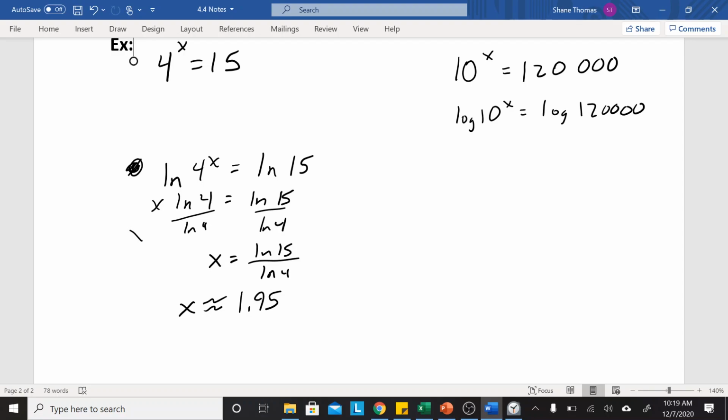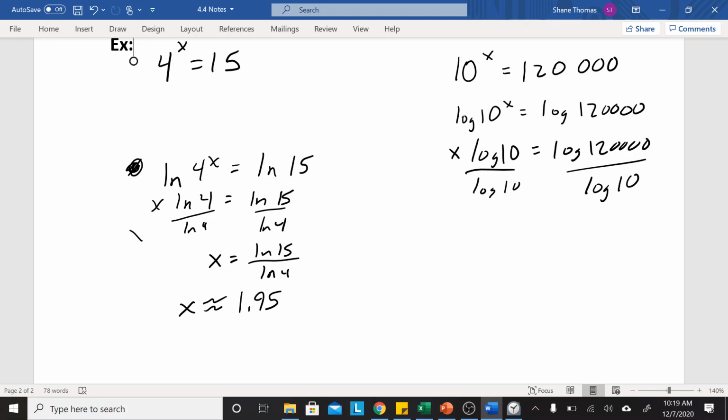Same thing as before, I can pull the x out front using that property. x log of 10 is equal to the log of 120,000. And then divide both sides by log 10. Well, log 10 is the same as what?